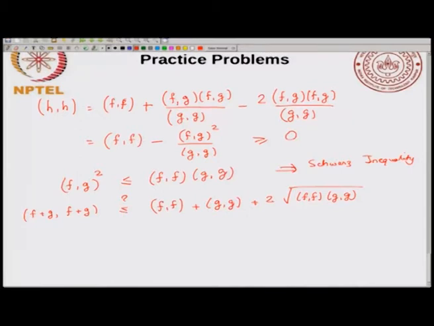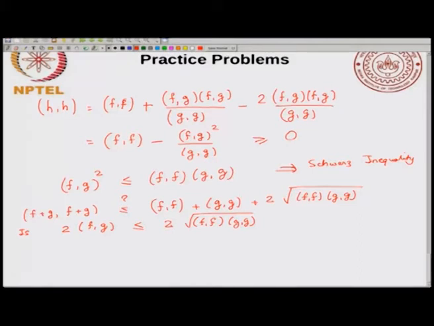Now again you can open this. If you expand the left hand side, you will get f comma f, g comma g, and twice f comma g. So what you have to prove is that twice f comma g is less than or equal to twice square root of f f g g. If this is true, then you satisfy the triangle inequality.